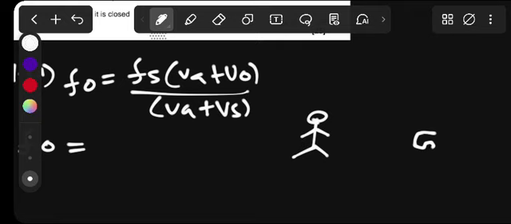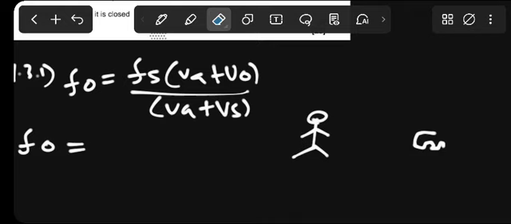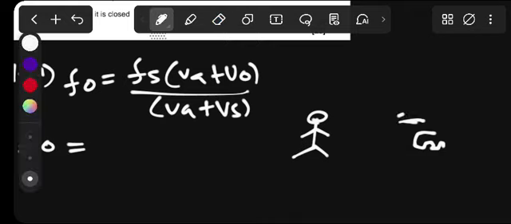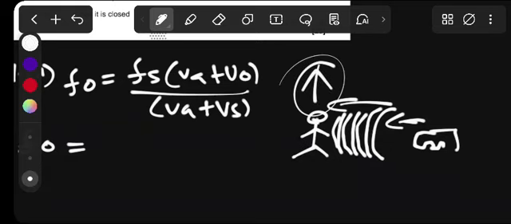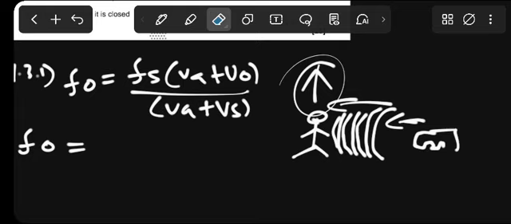Hence, as it is approaching, the wavelength will reduce as it comes towards the observer. What I'm trying to say is, as this train comes in this direction, the wavelength will be reduced. That means the observer will hear a higher frequency, because as the train approaches, this person will hear the higher frequency.